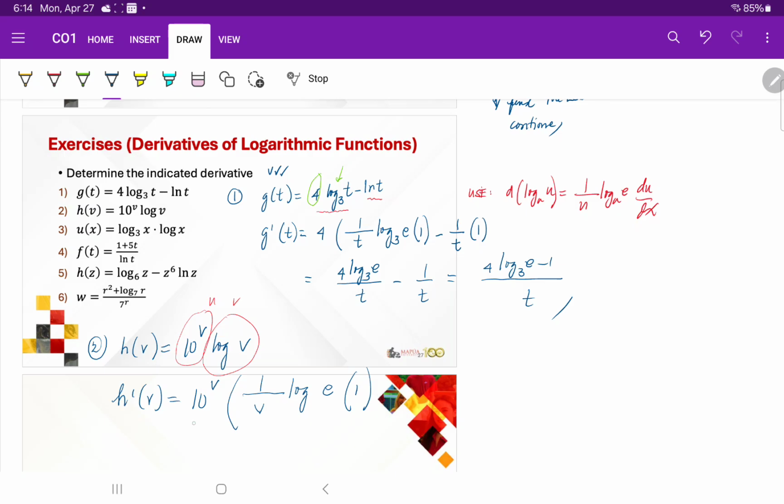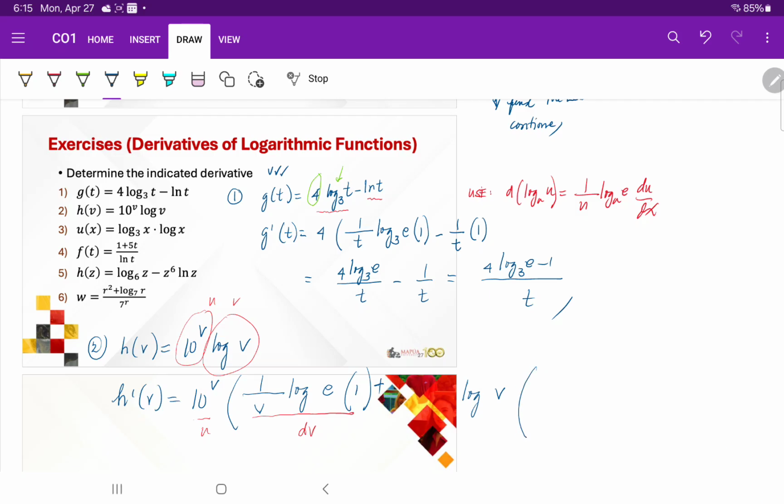So this is actually u, and this is dv. Now plus, which one? We copy the log of v to the base 10 times the derivative of 10 to the v.